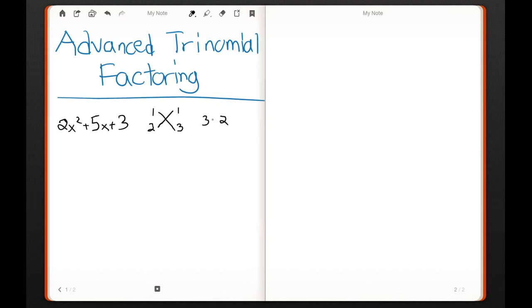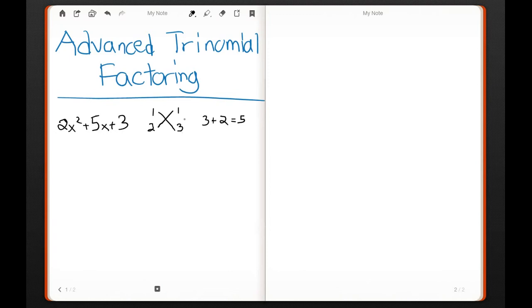And now we add these 2 results. 3 plus 2 will equal 5. And we want to make sure that this is the same as the number in front of the x. We have 5 on both, so that means this is the correct factorization.